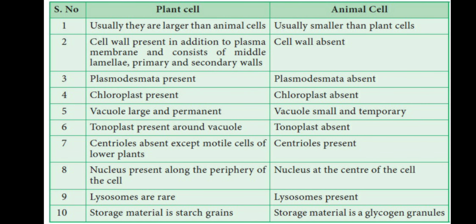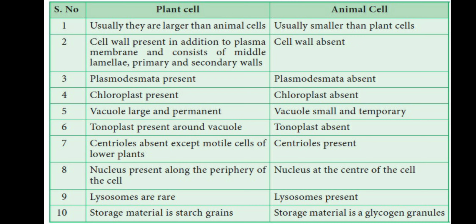So here are some differences between plant cell and animal cell. Plant cells are larger in size compared to animal cells, while animal cells are smaller in size. In plant cells a cell wall is present, as we have already seen in the diagram, while animal cells do not have a cell wall. Two adjacent cells are connected by the cytoplasm, and these cytoplasmic connections are known as plasmodesmata.